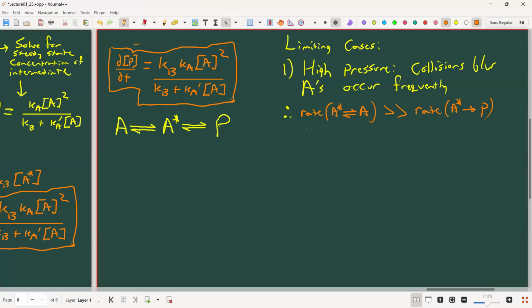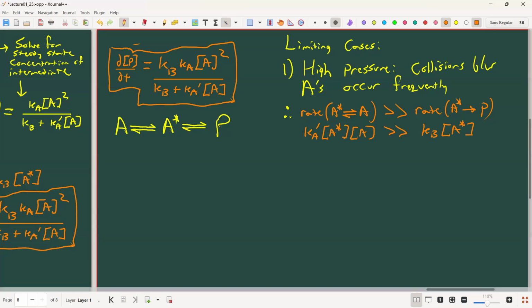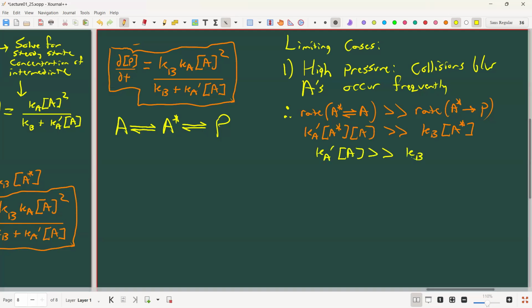Well, that means therefore that this rate, Ka prime A star A, is much, much greater than Kb times A prime. And if we divide both sides by A prime, we get that Ka prime times A is much greater than Kb.